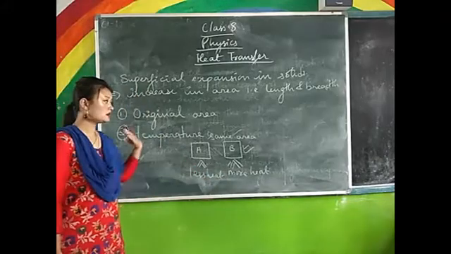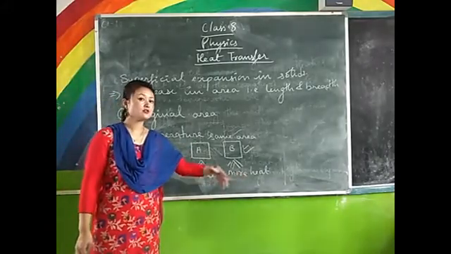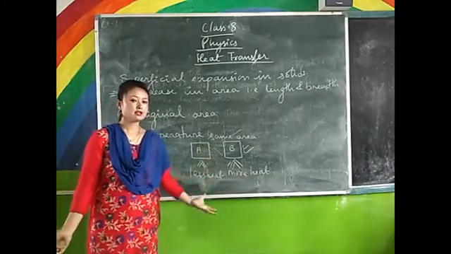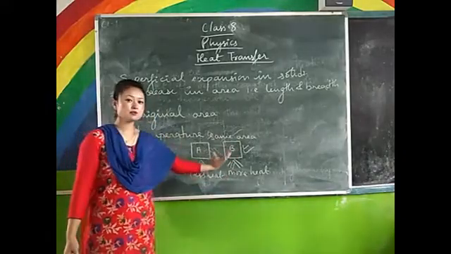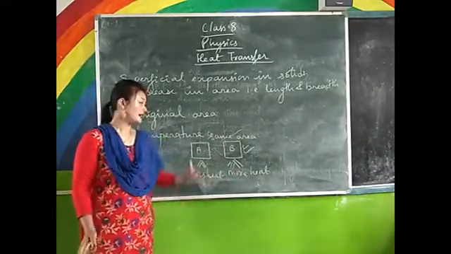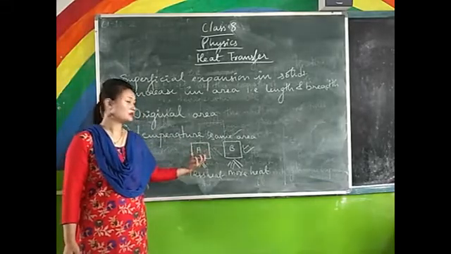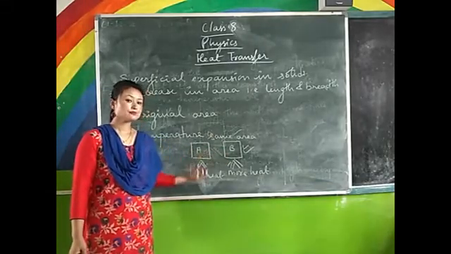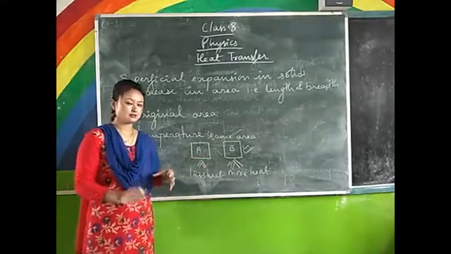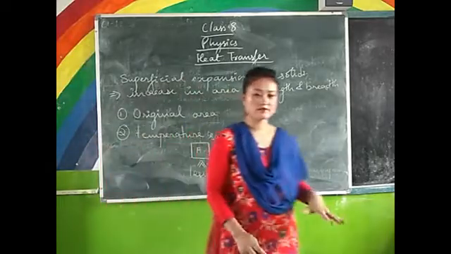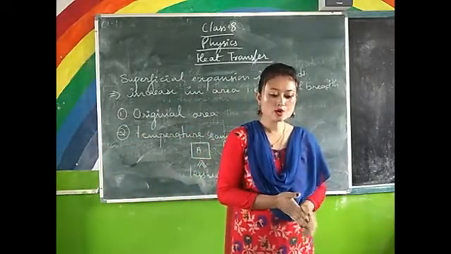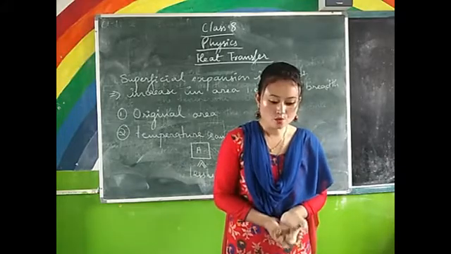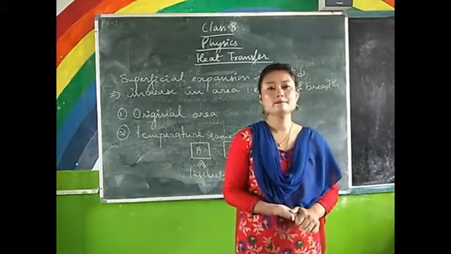The more the temperature, the more will be the expansion in area. That means B will have more temperature in this case, thus B will have more expansion. And A has less temperature compared to B, thus A will expand less. So this is what the second factor means, the increase in temperature. The more the rise in temperature, the more the area of the plate increases.